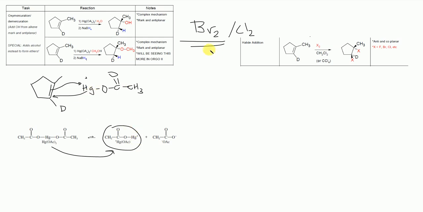Just like with the Br, this is going to get attacked, and then it attacks again, and this allows us to form that triangular formation from the double bond. Over here, let's say I put this D on a dash, and I put these on wedges.